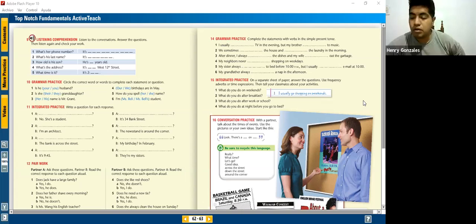Y si tienen alguna duda, simplemente me dicen, teacher, tengo una duda en esto, y ahí mismo les estaré ayudando, ¿ok? Pero si es para revisarlo todo, me hablan y me dicen para poder darme un tiempo y poder hacerlo, ¿ok?